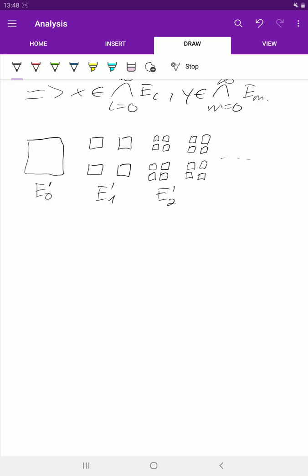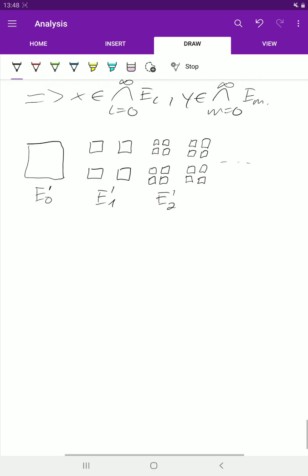So for the upper bound, this is quite convenient now, because we look at the definition of the Hausdorff measure, and now we consider the covering. So we want to have a covering of the product of the two Cantor sets.